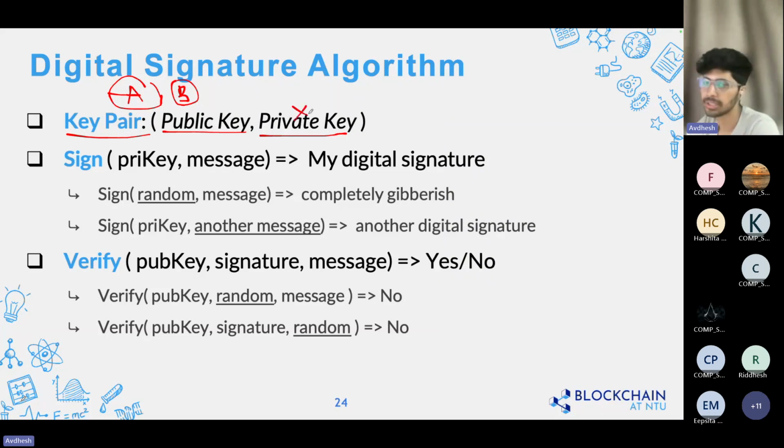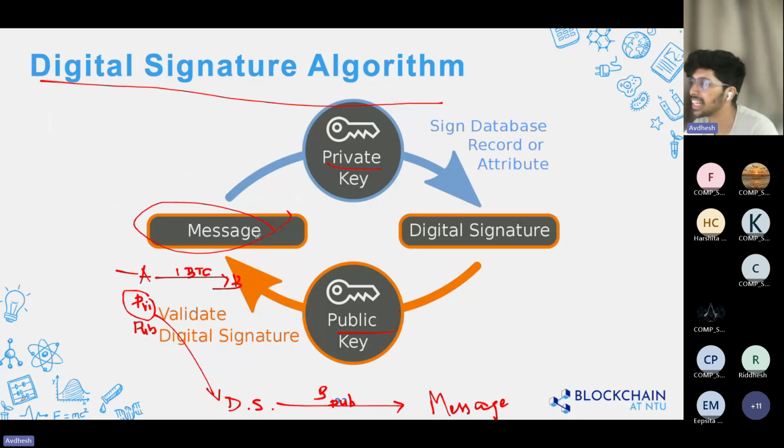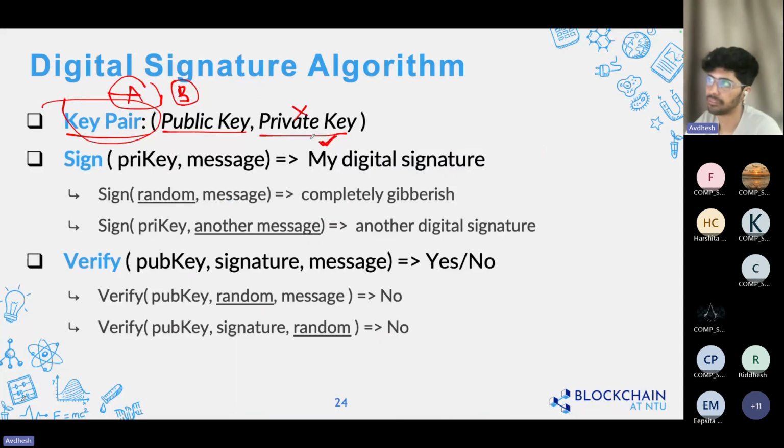You cannot share the private key with anyone; it should be with you all the time. If you share the private key, the key pair will be compromised, meaning everything you have stored or signed as a message will be decrypted instantly, because everyone has your private key. So the public key is kind of your identity, and the private key should be kept secret every time.